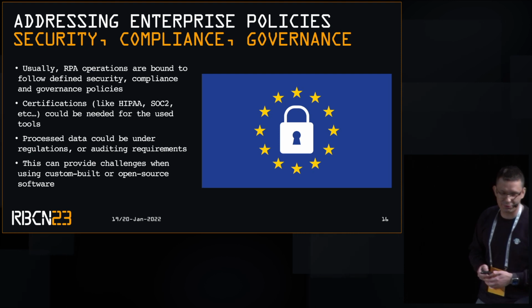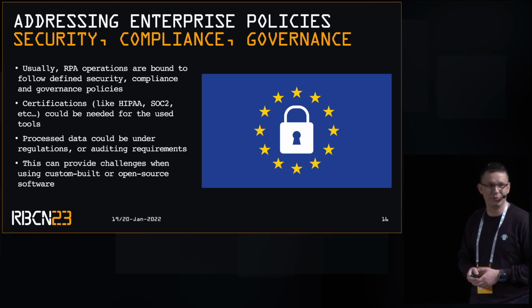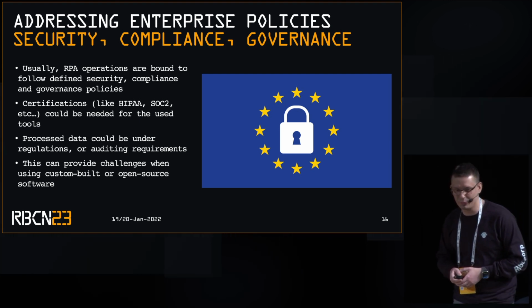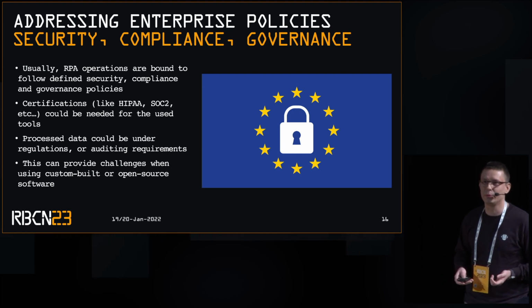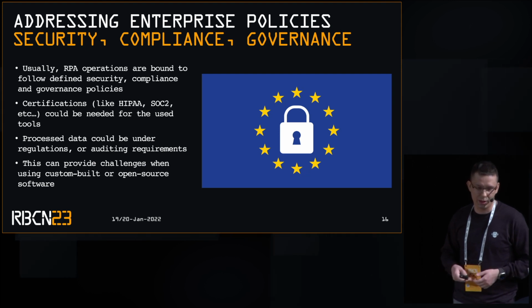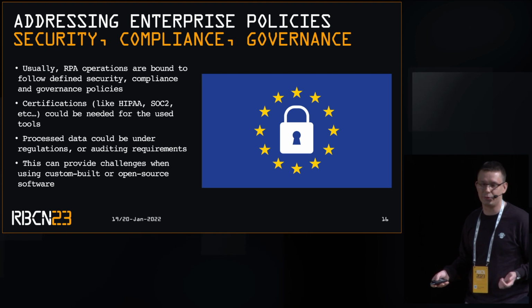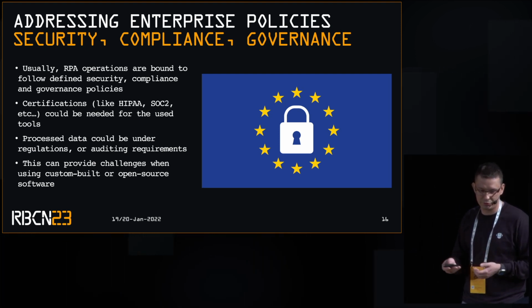Then everyone's favorite aspect that comes up whenever you work with production data in any bigger enterprise is security, compliance, and governance. Usually when you start doing RPA, you are instantly bound by the organization's policies. They might have predefined security, compliance, and governance policies that you can't really affect in any way, so your system should be able to match those.